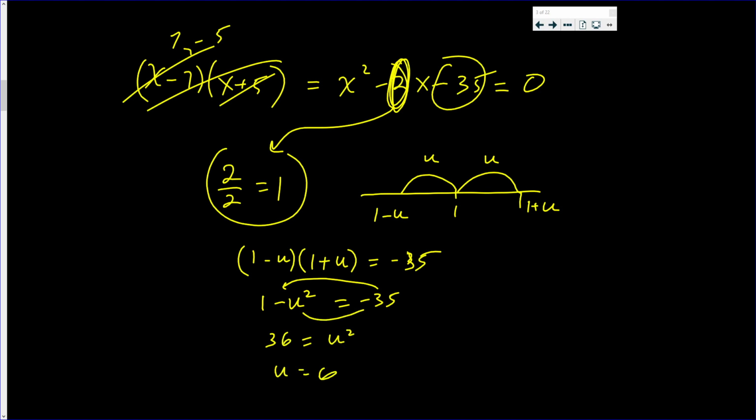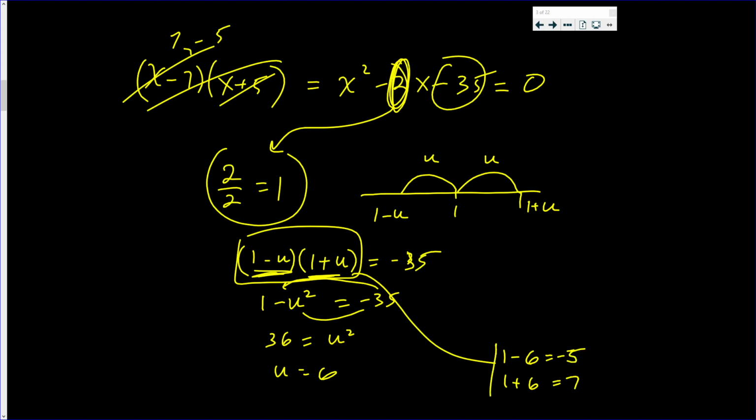So u is 6. Done. This is the first root. That's the second root. 1 minus u, better known as 1 minus 6, and 1 plus u. U is 6. So the roots are negative 5 and 7.